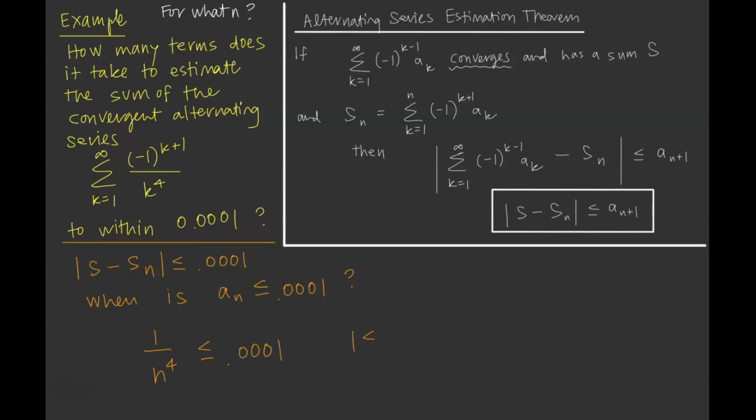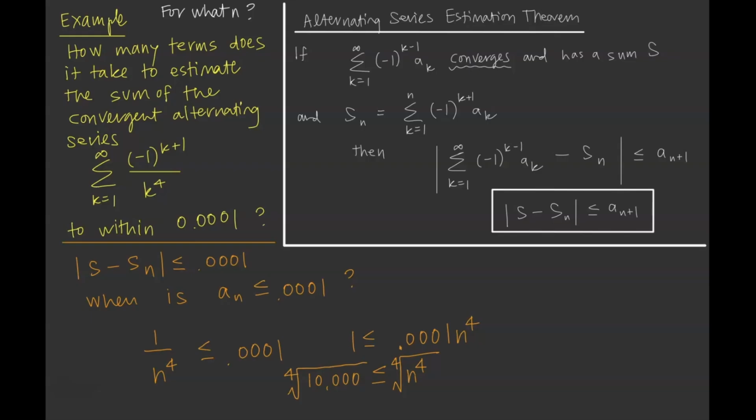And so we're going to solve this inequality. 1 is less than or equal to 0.0001 n to the fourth. And so that is also n to the fourth, dividing by 0.0001, so that is 10,000. All I did was divide both sides by 0.0001. Then we'll take the fourth root of both sides.